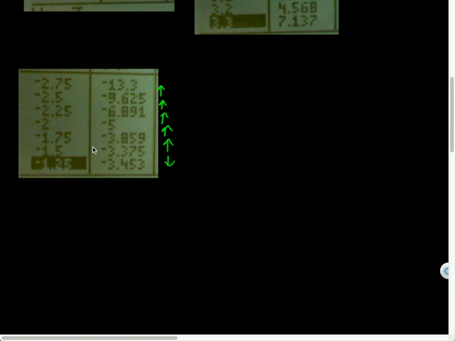It's a max value, right? Like we were going uphill and then downhill. So here I could say that a max value occurs somewhere between negative 1.75 is less than x is less than negative 1.25, something like that. Based off of that direction change, I was able to determine that.